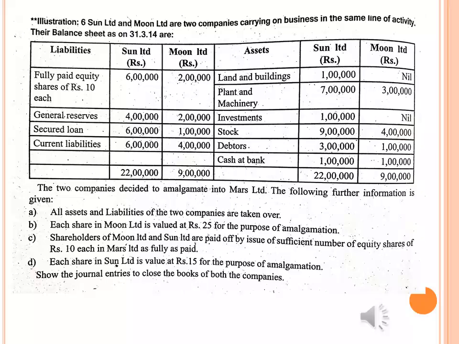For amalgamation, we value Sun Limited shares at 15 rupees and Moon Limited shares at 25. We use these in the purchase consideration calculation; that's why they have given them. So let's check the next slide to see how we calculate the purchase consideration.